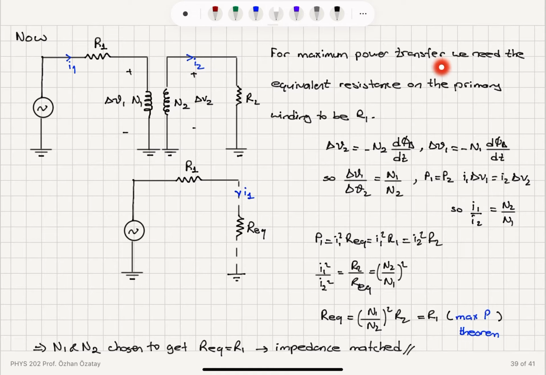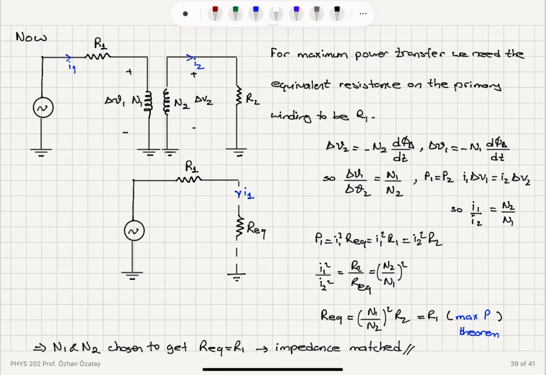For maximum power transfer from the AC source to this load, we must have an equivalent resistance appearing on the primary equal to R1. So remember that delta V2 is equal to minus N2 d phi B dt, and delta V1 is minus N1 d phi B dt.